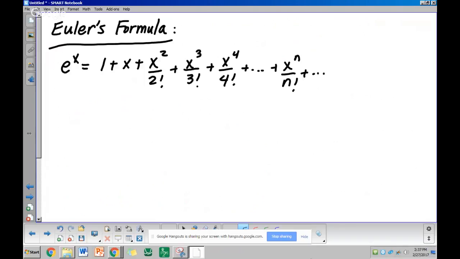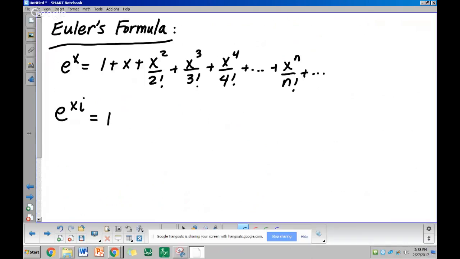What if I wanted to plug in e to the xi? Ooh. I've suddenly left Realville. Well, this is interesting. Is i x or is i different? i is root negative 1. Okay. So what do we do here?